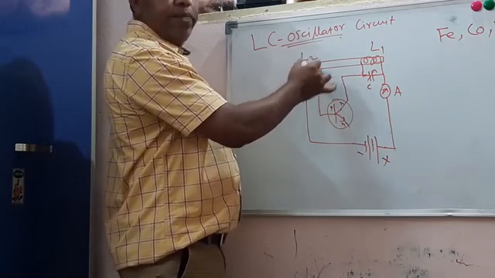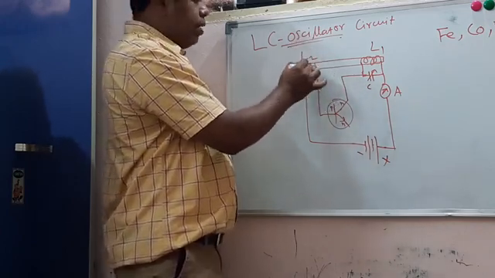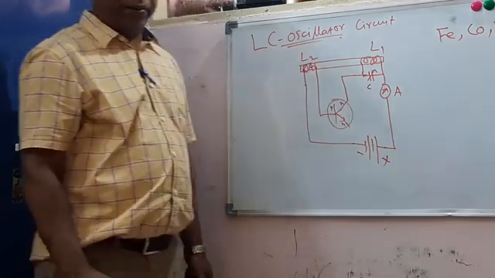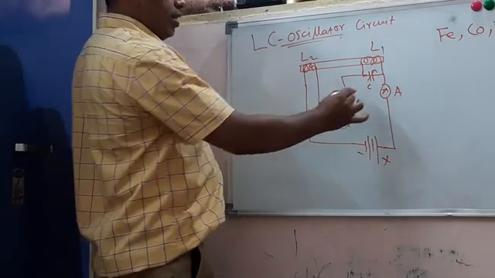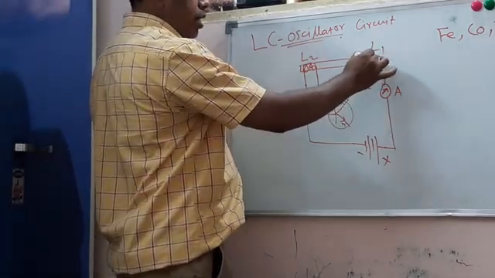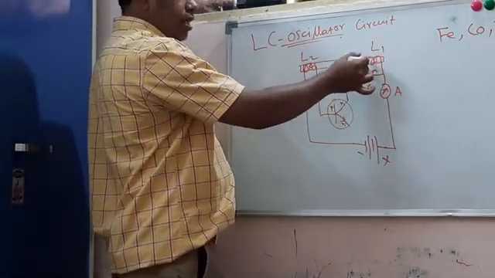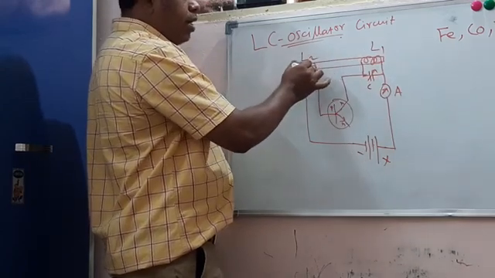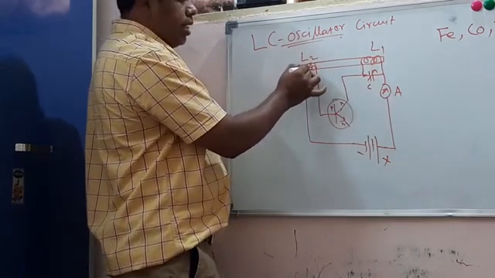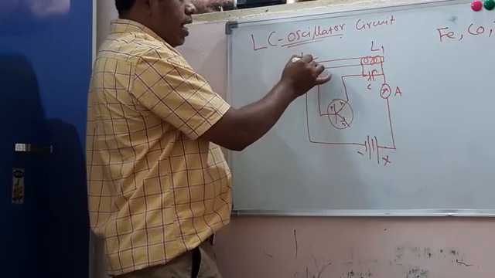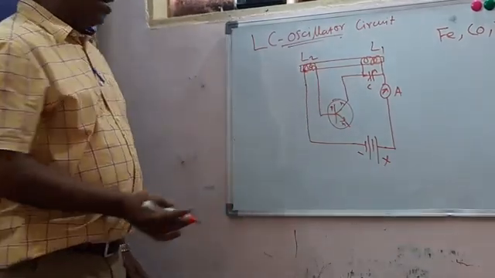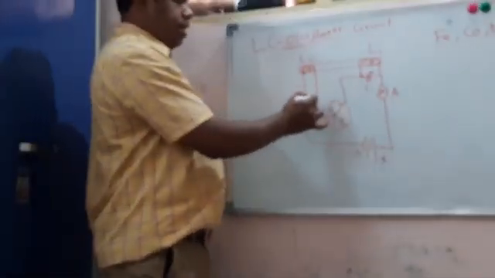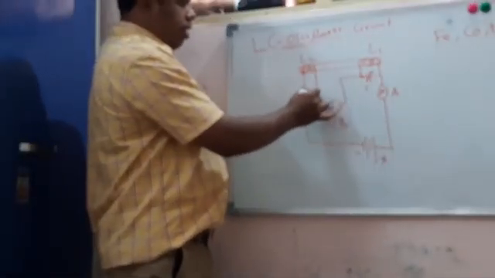That is, EMF, electromotive force, is induced in this coil L2. Keep in mind, at first current flows through this coil instantaneously. Induced EMF is generated here, and because of that, current flows in this coil, the same magnitude of current but in the opposite direction.